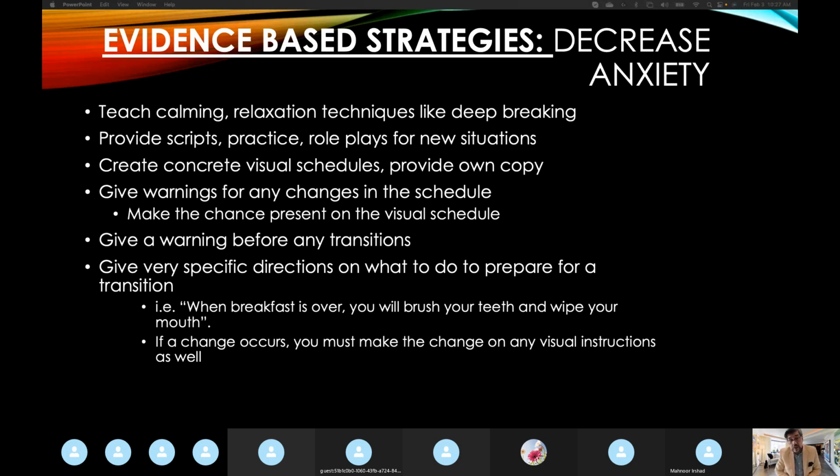So we have to teach them to calm down: relaxation exercises, breathing exercises, scripts, practice, role plays, create concrete visual schedules, provide a copy to them. Any changes in the schedules, they should be made known to them. Warning before any transition.